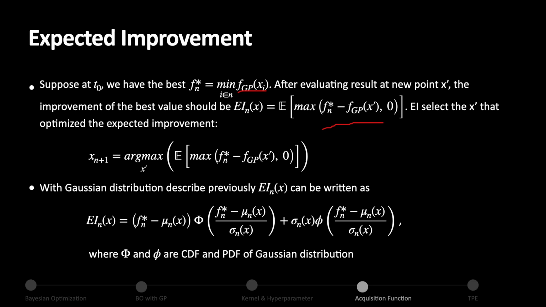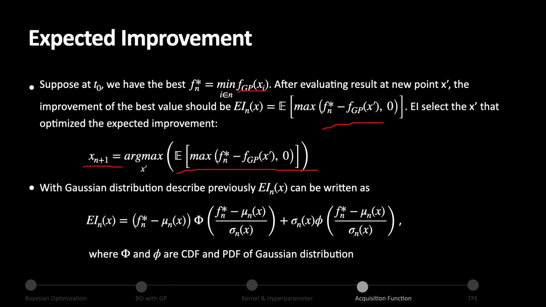But if f_GP of x prime is larger than fn star, then the improvement will be 0. EI selects the x prime that optimizes the expected improvement. So xn plus 1 will be the x prime that maximizes the expected improvement, EI.